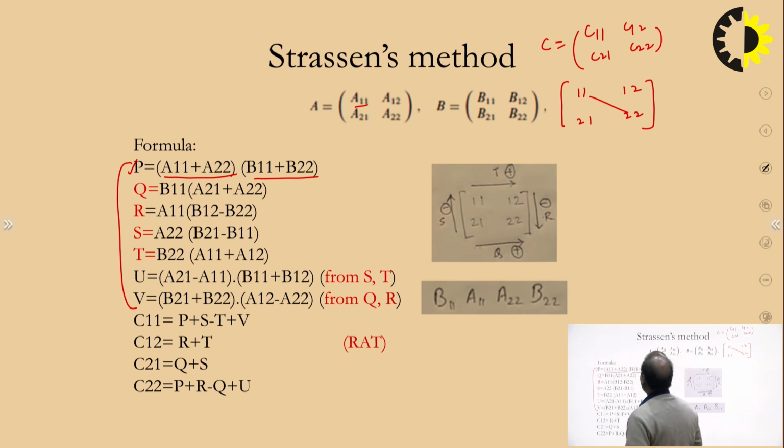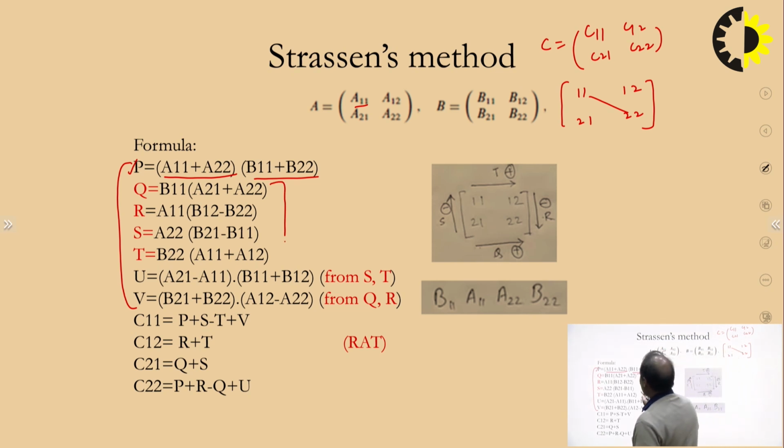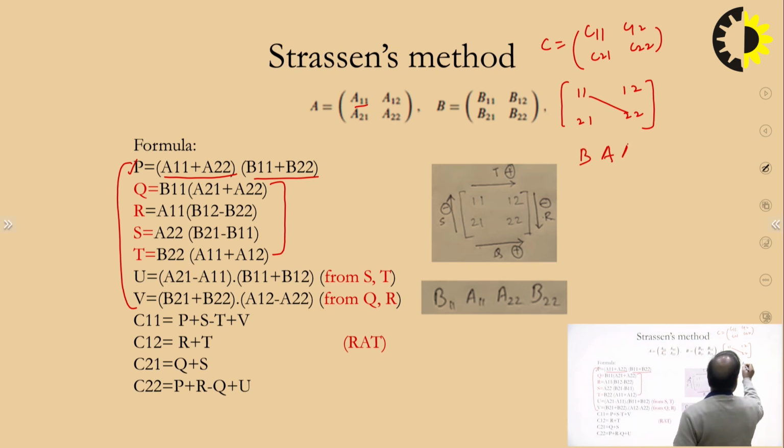P is clear. For Q, R, S, T, we are going to take the help of this construction, 11, 12, 21, 22, and we are going to take the help of Bob. Here you just have 11, 11, then 22 and 22. We just remember Bob.